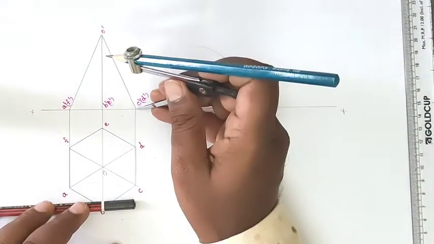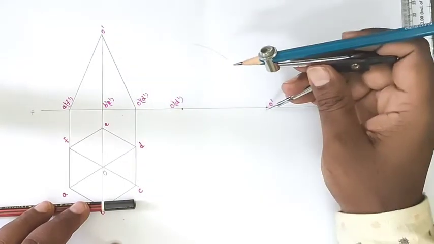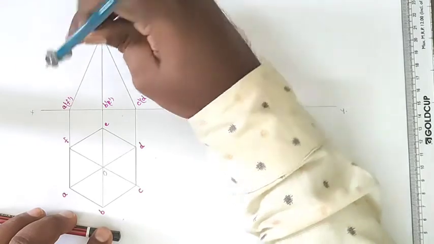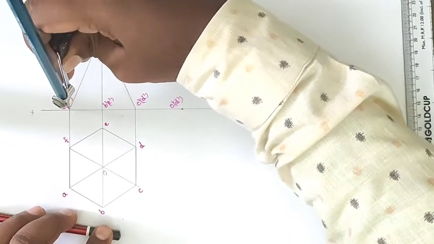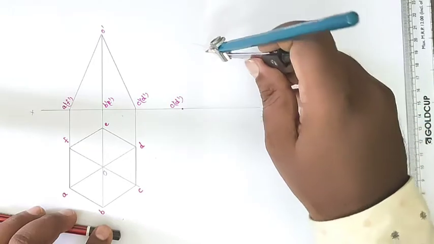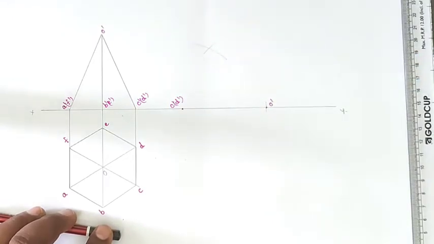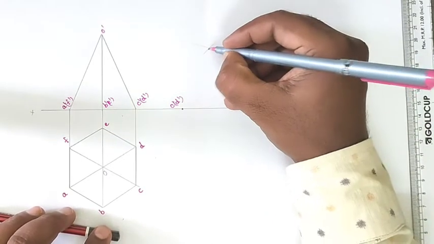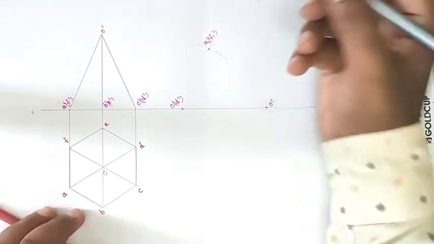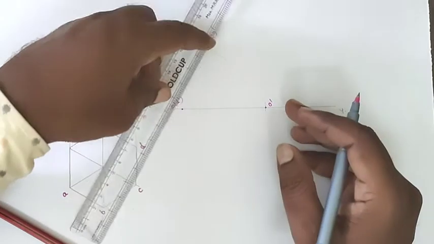Similarly, with the length of O dash and A dash, I am drawing another arc and locating point A1 dash, F1 dash. Now we can join these two.